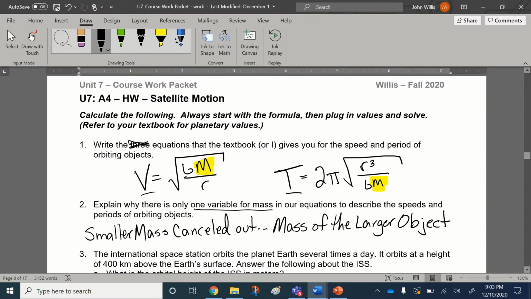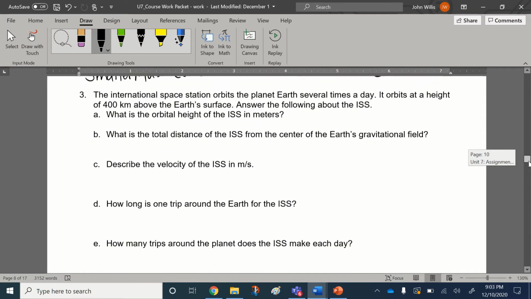Whenever we're doing an equation like this, we're always going to use the mass of the larger object as the mass in our equations. We'll discuss in assignment 5 how the larger object is the one establishing the gravitational field that the smaller objects are moving through, and we'll have that conversation then. But for now, just remember from assignment 1, the larger mass always canceled out.